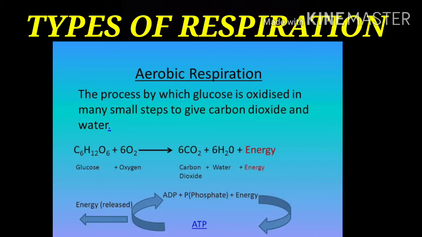It occurs in most plants and animals. The equation for aerobic respiration is carbohydrate and oxygen gives carbon dioxide, water and ATP, adenosine triphosphate.